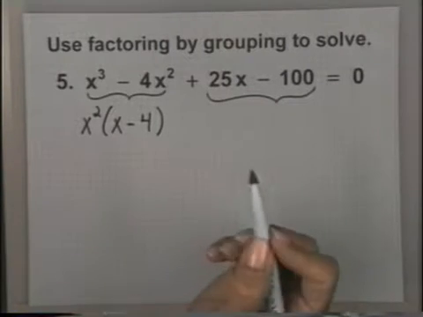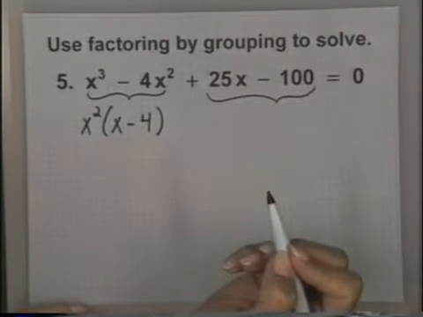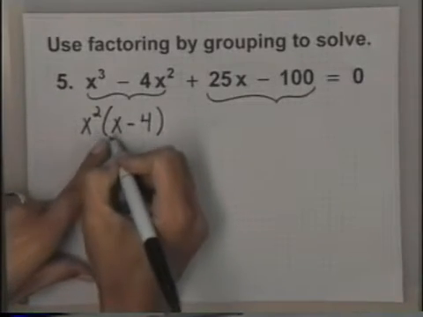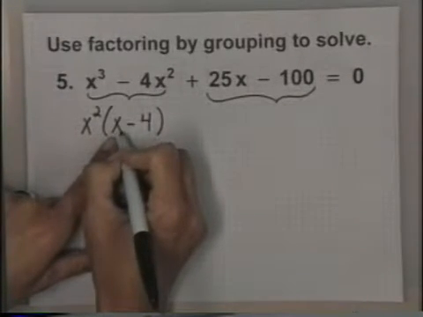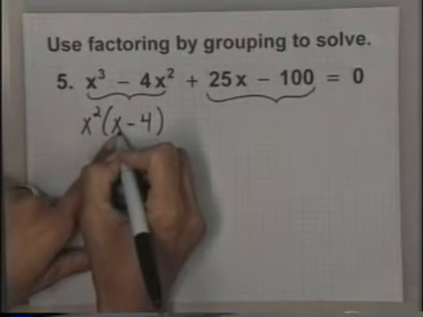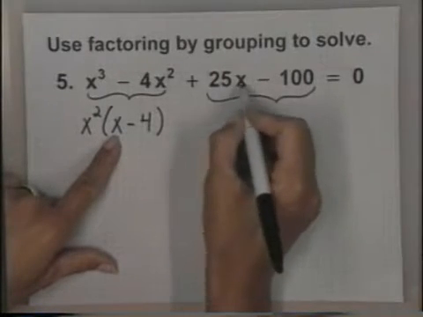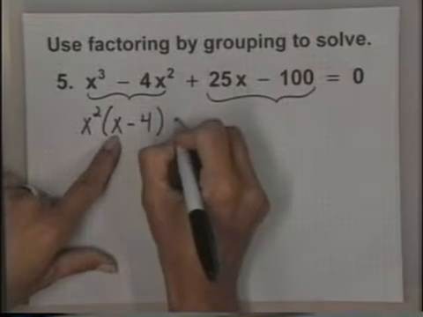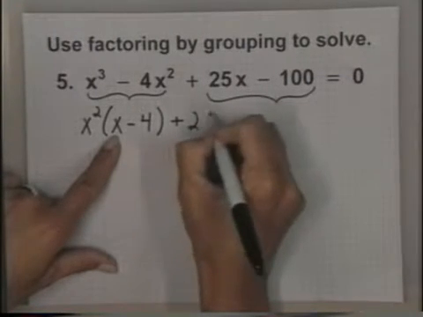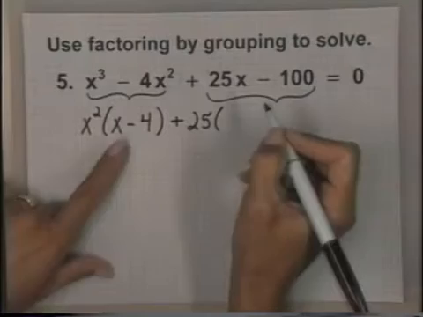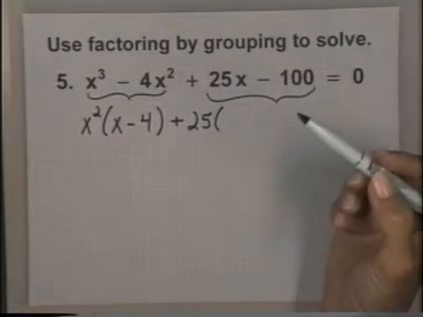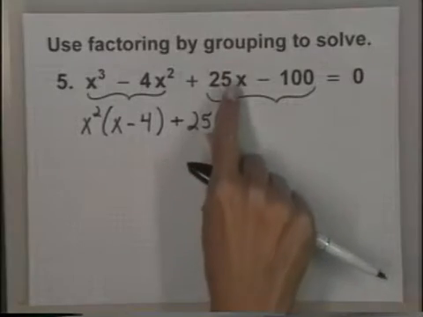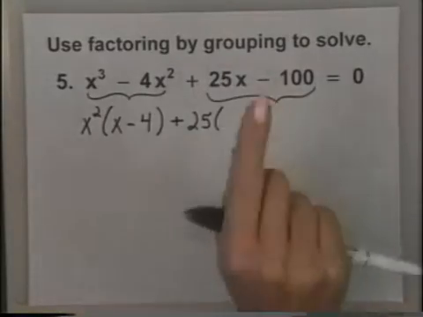We want to take out either a positive or negative so that what's left in our parentheses for our first term of our binomial is a positive x. So should we factor out a positive 25 or a negative 25? We should take out a positive 25, shouldn't we? Once we decide that we're going to take the positive 25 out, we factor the positive 25 out of both of these terms.